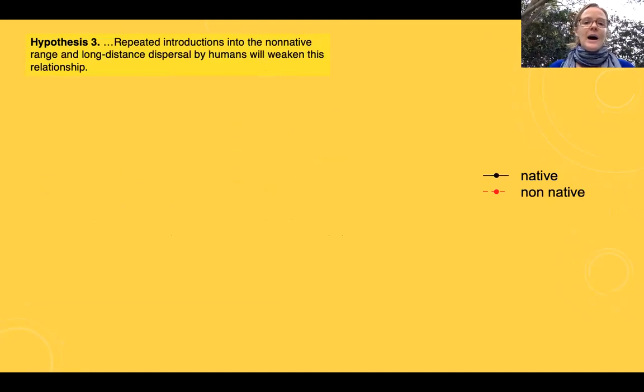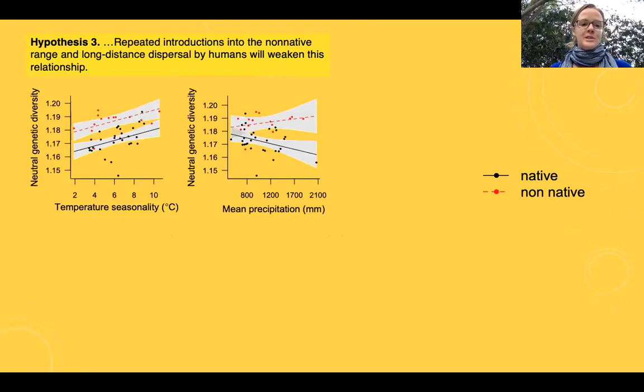But the other part of that hypothesis was that repeated introductions into the non-native range and long distance dispersal by humans would weaken any relationships we saw in the data. So looking at the neutral genetic diversity, we found a similar effect in the native and non-native range of temperature seasonality on genetic diversity, with more seasonal sites being more genetically diverse.